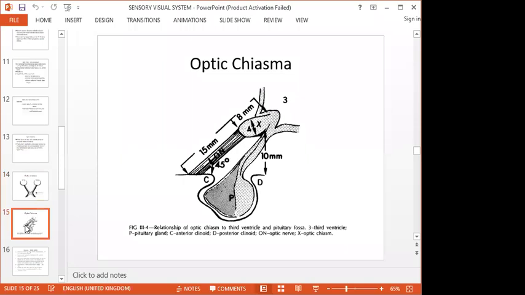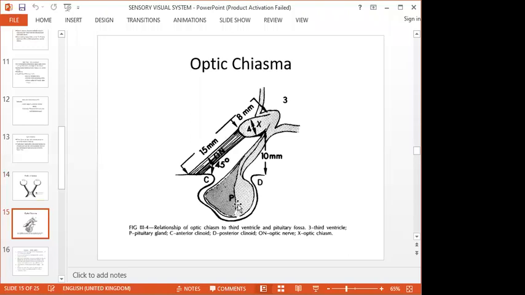This is just a cross-section, a lateral view from the one we were seeing, of the optic chiasma. This is the optic chiasma there. After the optic chiasma, you've got the optic tract there. But below the optic chiasma, you've got this. What is this?